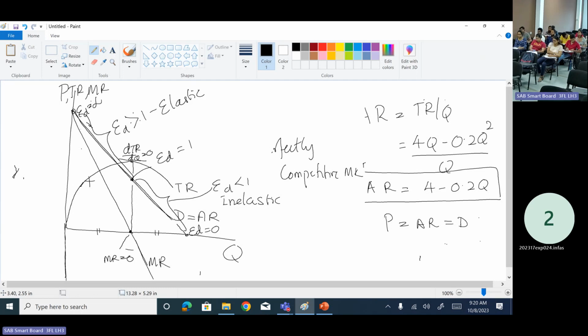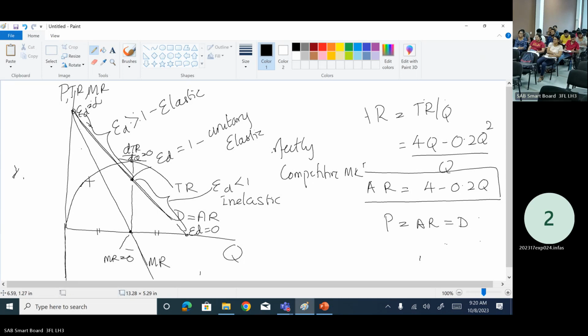When the total revenue is maximized and the marginal revenue is 0, at that point elasticity equals 1, unitary elastic. So we need to refer to these things together, because they are related.